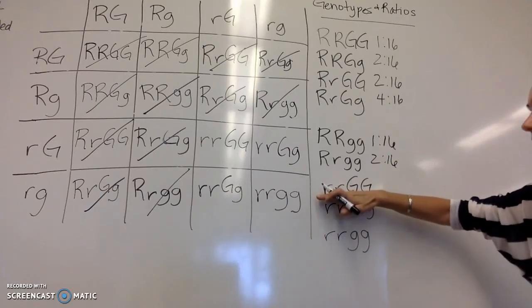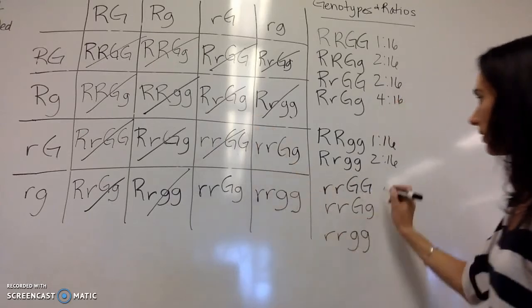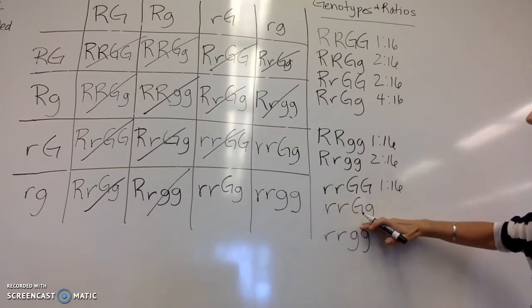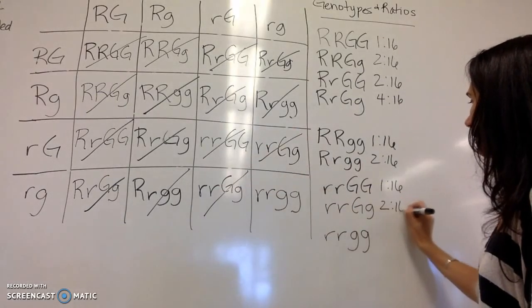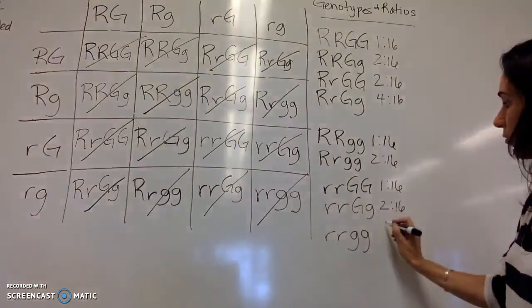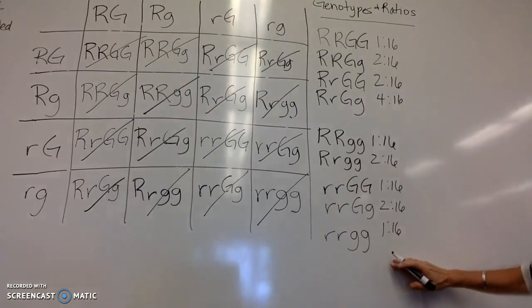All right. Homozygous recessive with homozygous dominant, 1 time. Homozygous recessive with heterozygous dominant, 1, 2 times. And our last remaining square, homozygous recessive for both traits, 1 out of 16 times.